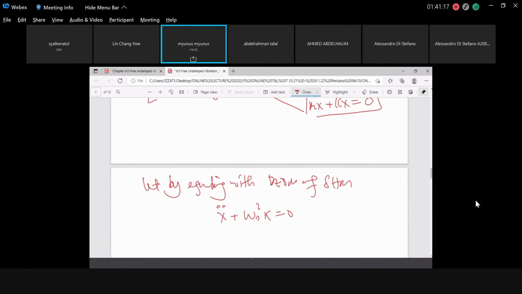Then you simplify: x double dot plus k by m x equal to 0. So you pick the second term, therefore omega n equals square root of k by m, radian per second. Same as before.